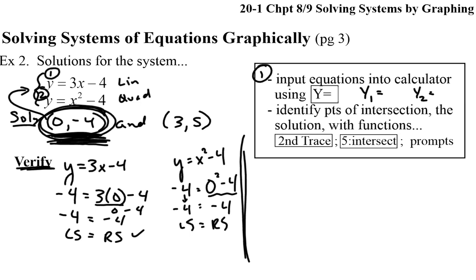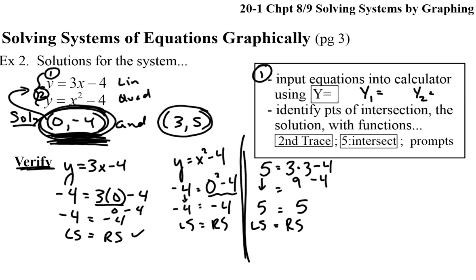I can do the same verification for my 3, 5. So for the y equals 3x minus 4, y is 5, 3 times 3 minus 4, 9 minus 4 gives us 5. Left side is 5. Left side equals right side.